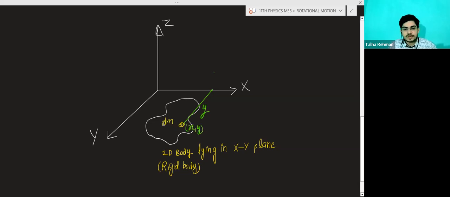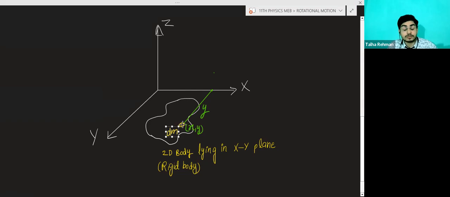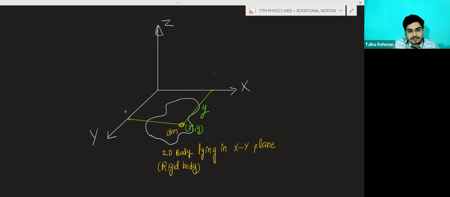So from the x-axis the perpendicular distance will be y, and from the y-axis the perpendicular distance will be x. Coordinate geometry, class 10.